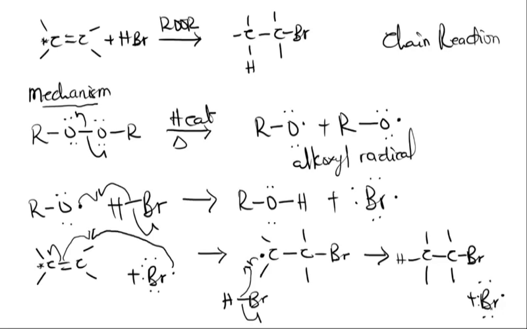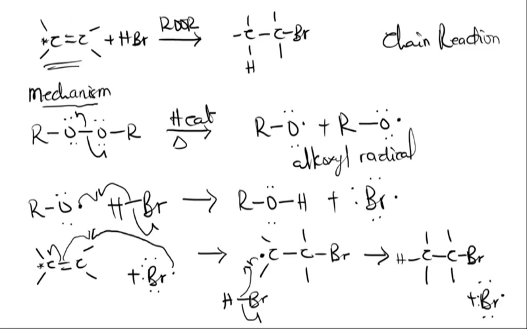So in the presence of excess alkene, this bromine radical will now attack another alkene molecule to produce the product, and then yielding another bromine radical, and then it goes on and on and on until we get more product, or until we no longer have any alkene for the reaction to further continue.